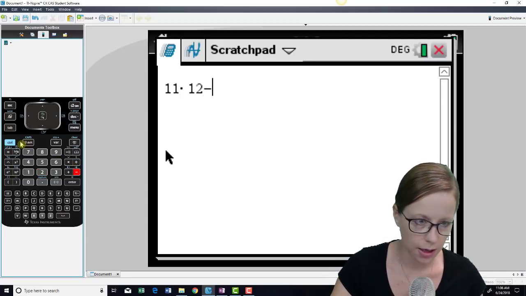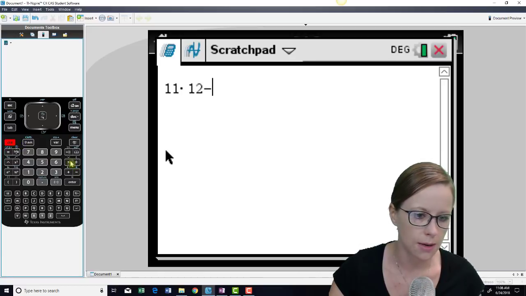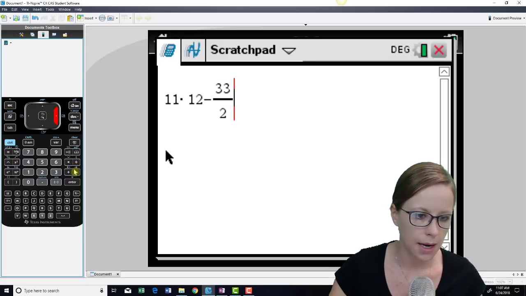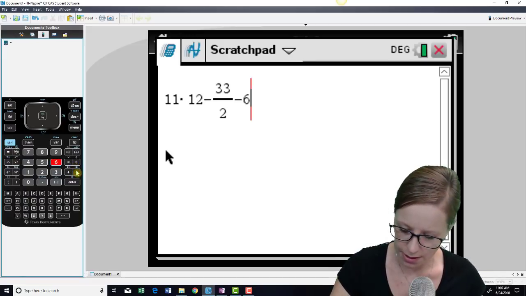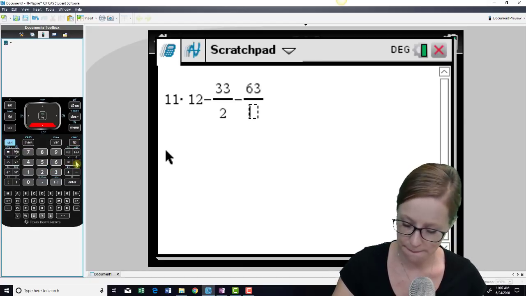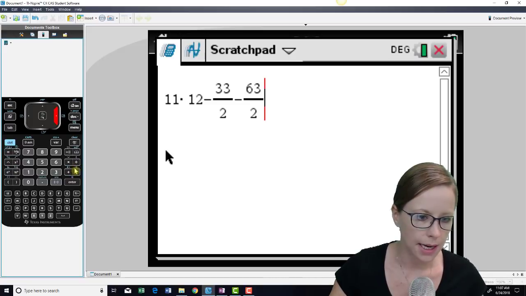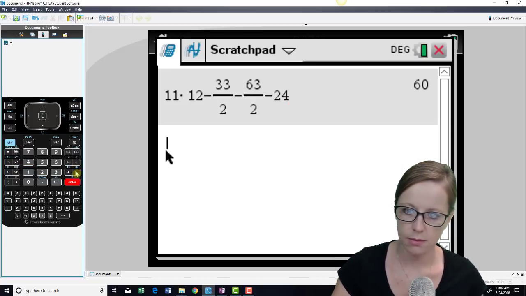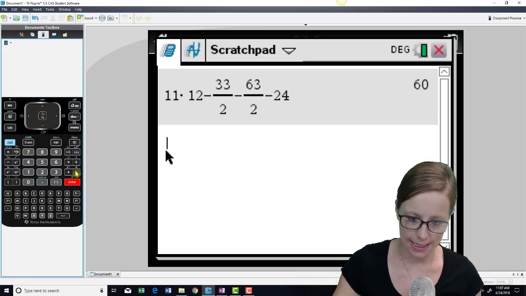So minus one of the triangles, the first triangle was 33 over 2, minus the second triangle was 63, whoop, control divide, 63 over 2. Minus the third triangle was 24. And you get an area of 60.